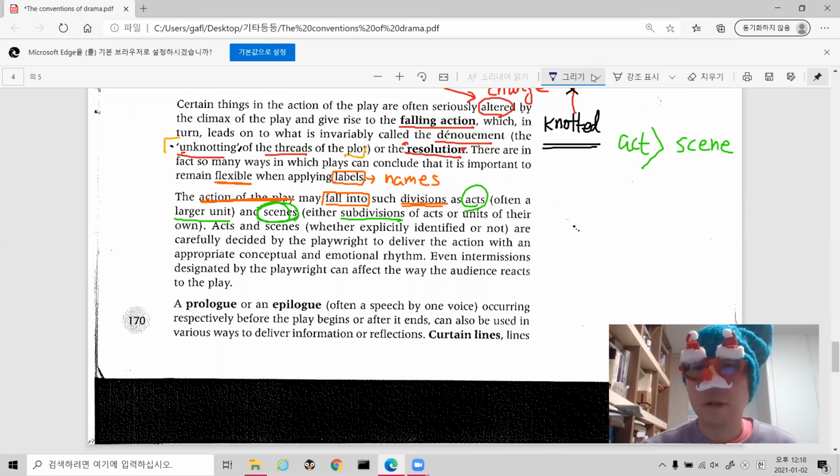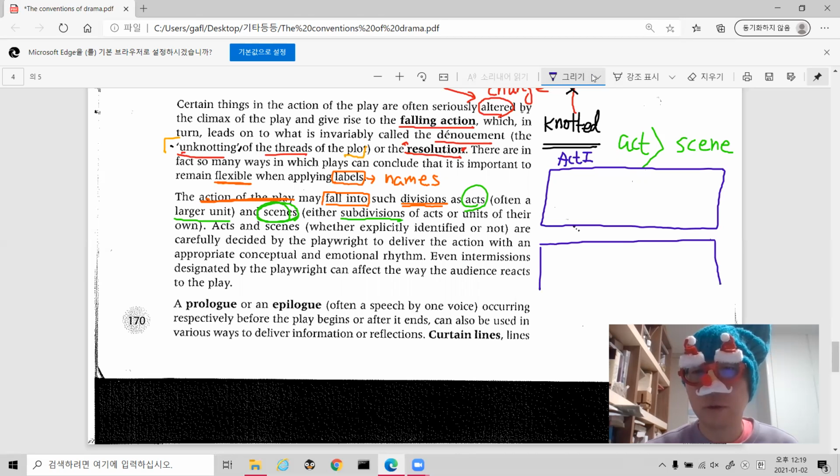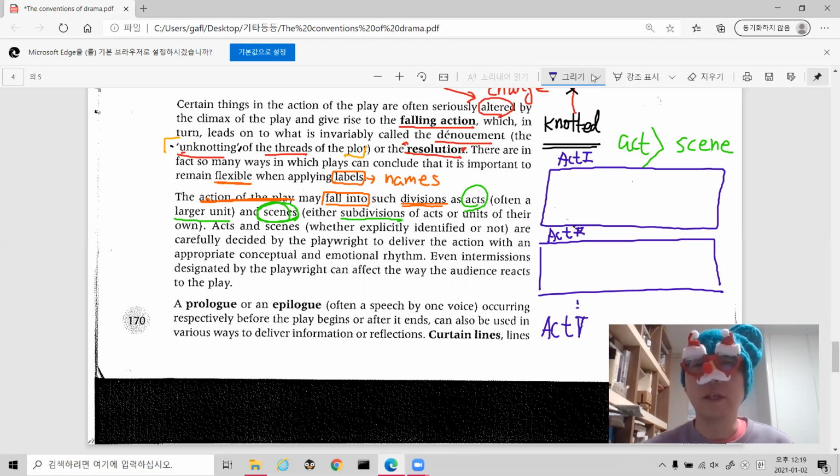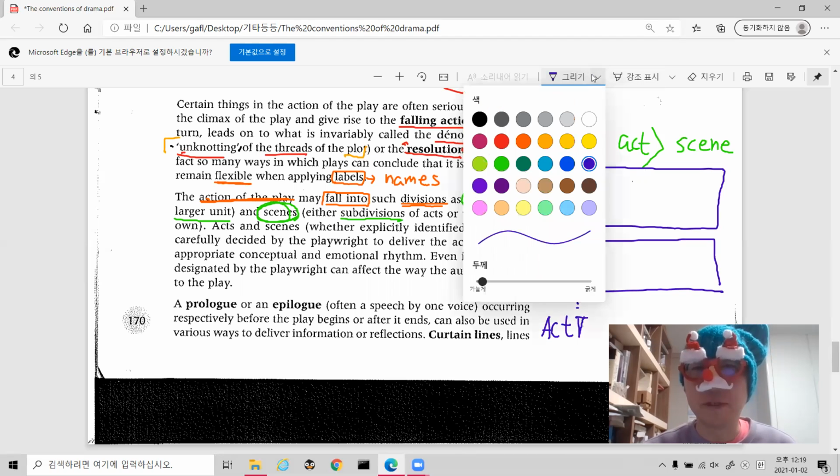So we have different acts in Twelfth Night. You guys remember, right? We have Act 1 and we have Act 2, right? And Twelfth Night actually goes up to Act 5, okay? And each act has subdivisions.